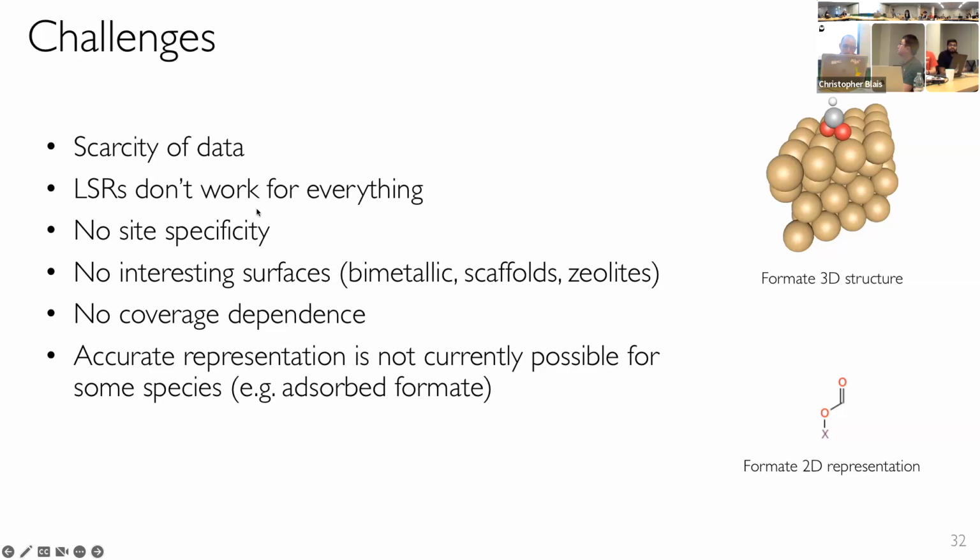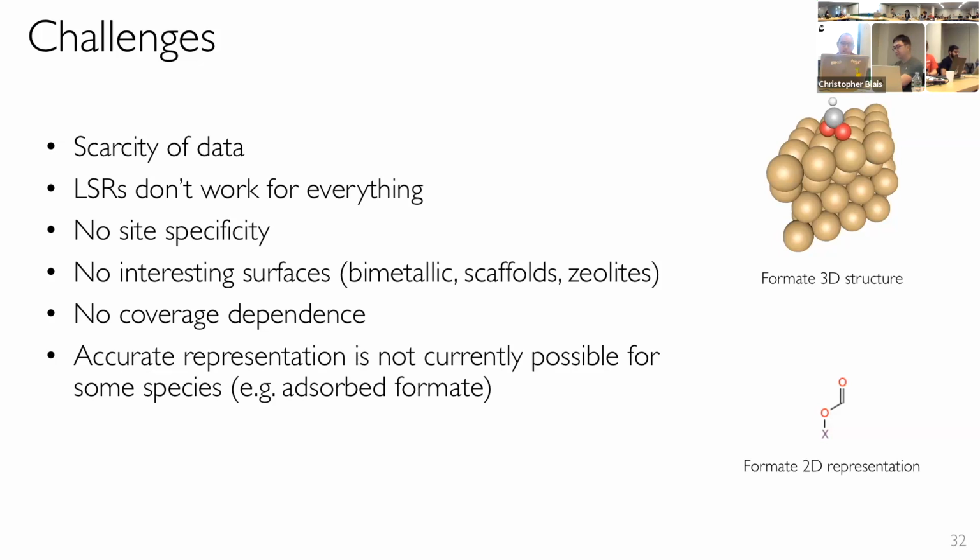LSRs, the linear scaling relationships, are great for screening, but they don't work for everything, and they can break if you have things like an alloy system. Single atom alloys especially are known to break linear scaling. We don't have site specificity.